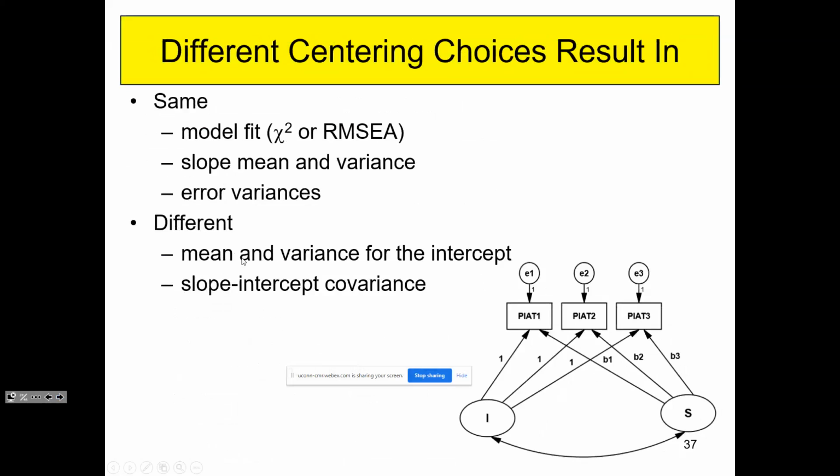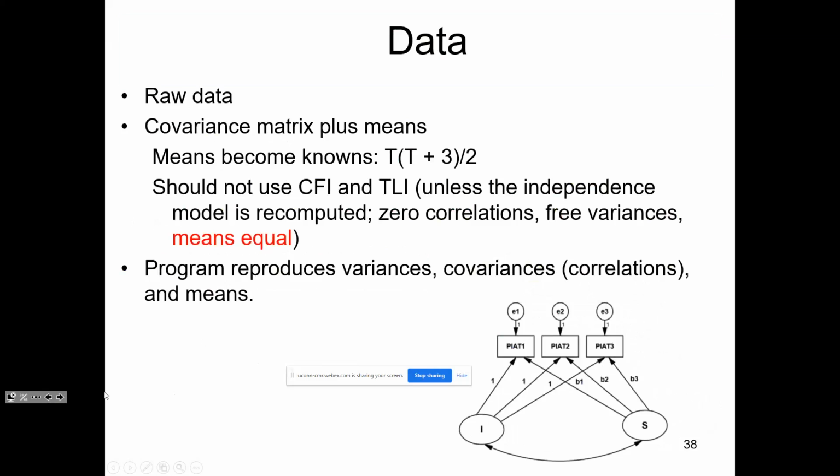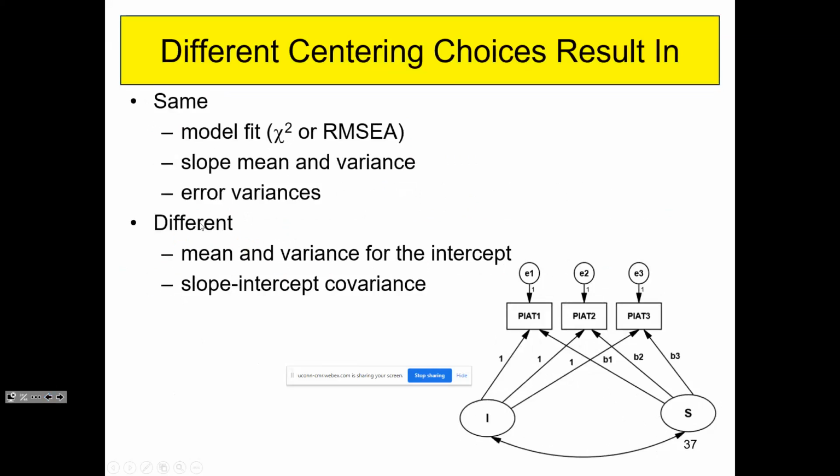Different centering choices are going to give you the same model fit, the same slope mean and variance, and the same error variances, but different means and variances for the intercept and a different slope-intercept covariance, which gives you a different slope-intercept correlation. So I would argue that one of the most important considerations for applied researchers about where to center is where you want that correlation between the slope and the intercept to be.